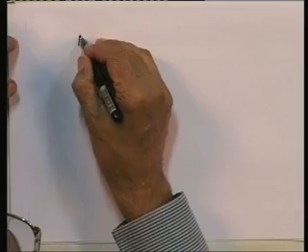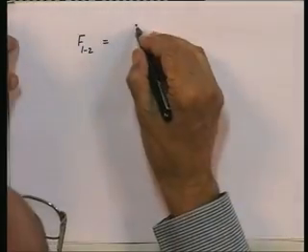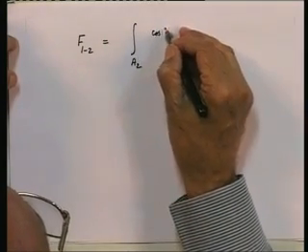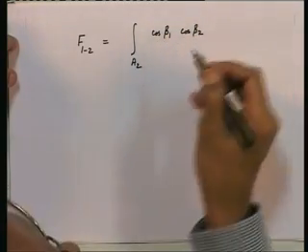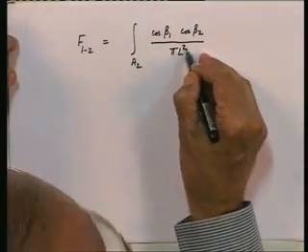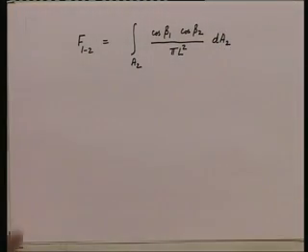For such a situation, we know F1 to 2, if you go back in your notes, is nothing but the integral over A2 of cosine beta 1 cosine beta 2 divided by pi L squared dA2. Okay, that is our expression.